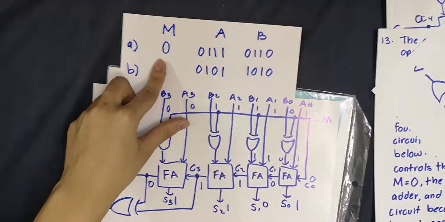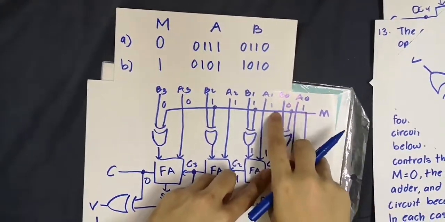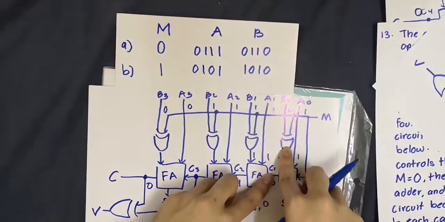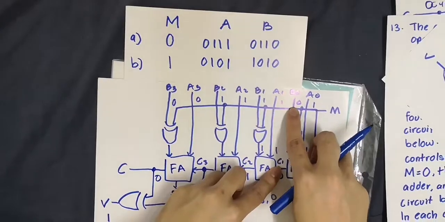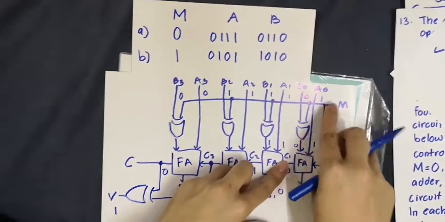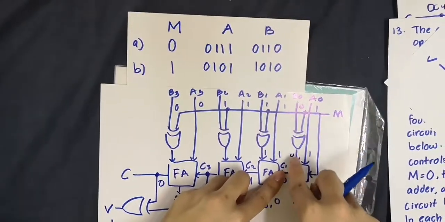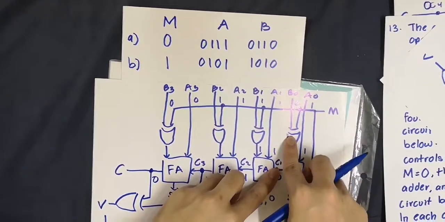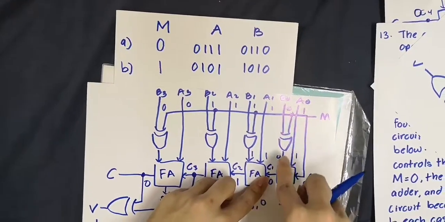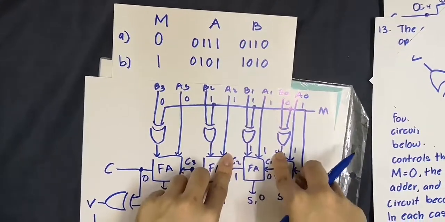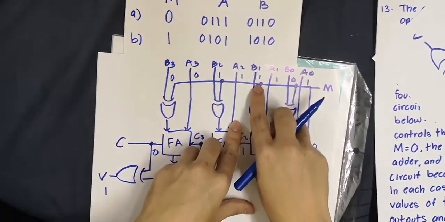After that, we identify what the output will be after the XOR. When B0 is equal to 0 and M equals 0, the output will be 0, because this is an XOR. When both inputs are the same, the output will be 0.